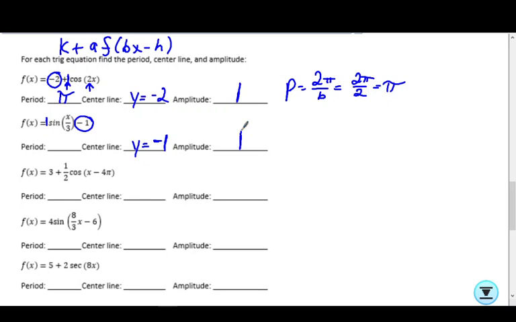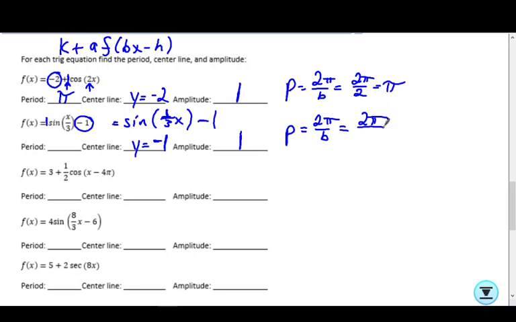Now we need to find our period. So period equals 2 pi over b. And in this case, this is one of those times where you need to switch this. So this is sine of 1/3 x minus 1, because dividing by 3 is the same thing as multiplying by 1/3. So b is 1/3.